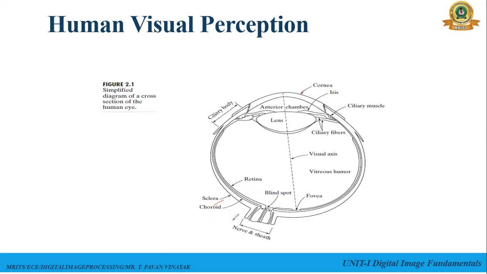Next one is choroid. Choroid is present below the cilia. It contains the blood vessels. Mainly choroid consists of blood vessels.